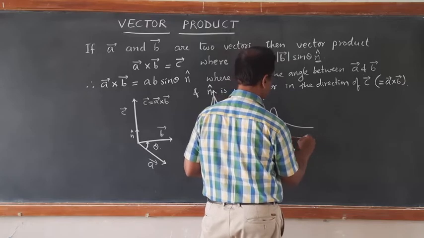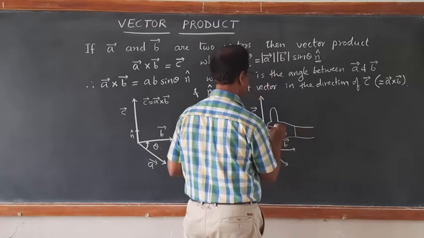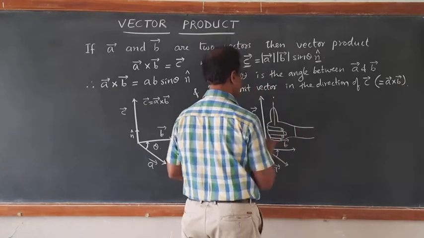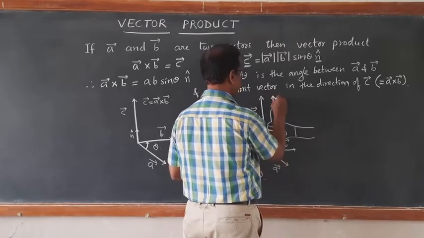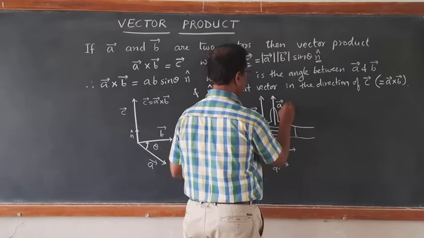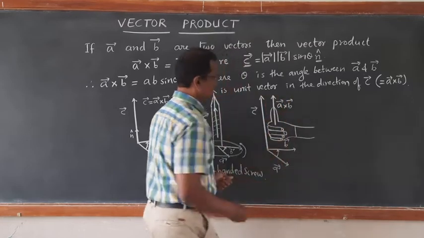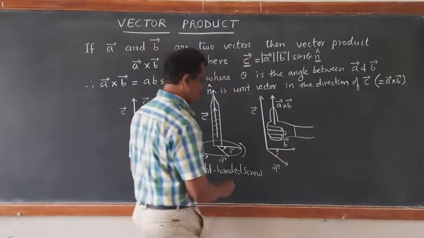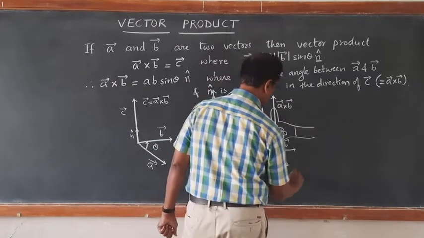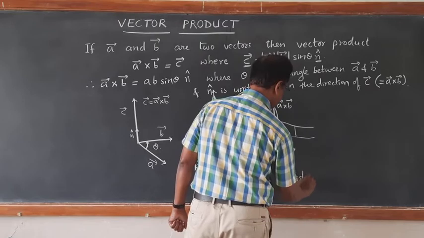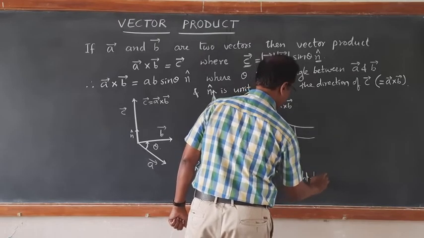This is your right-handed screw rule. So the thumb points in the vertical upward direction. This is the direction of A cross B. That is C. So right-handed screw rule, right-hand thumb rule.